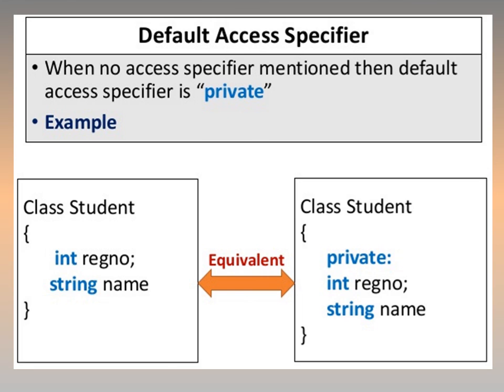This is the definition of the class student, and here in the body of class student, private access specifier int register number and string name. So both are equivalent. That is, if in the first you are not declaring the access specifier as private, protected or public, it will by default be taken as private. So which is the default access specifier? The private is the default access specifier.